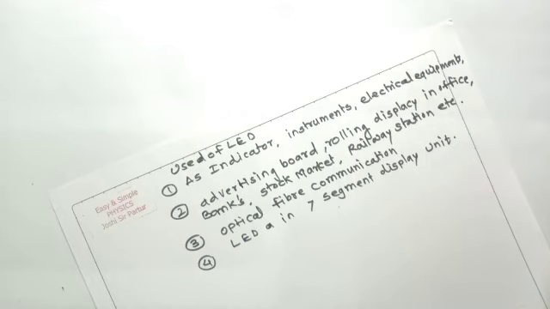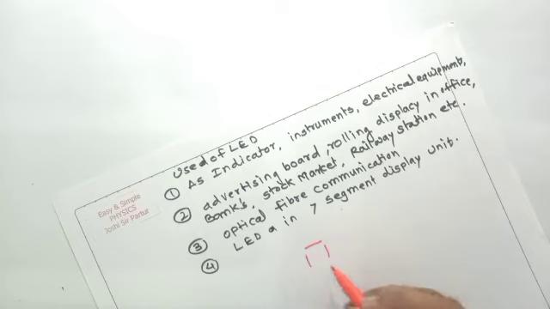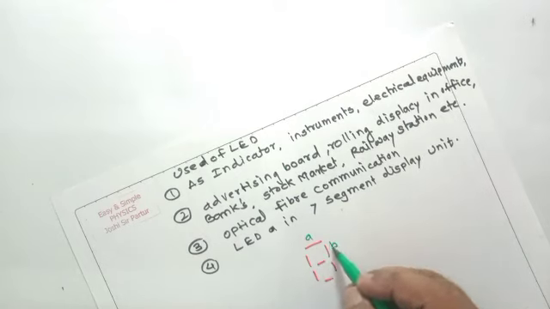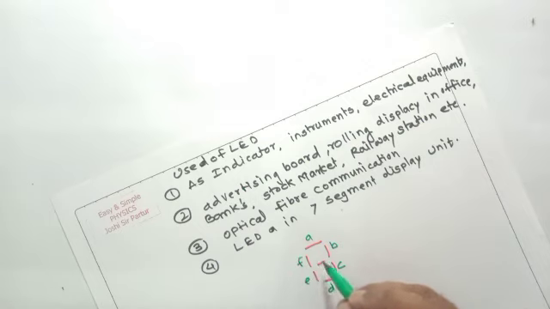See here, 1, 2, 3, 4, 5, 6, 7. So we can name these 7 segments as A, B, C, D, E, F and G.